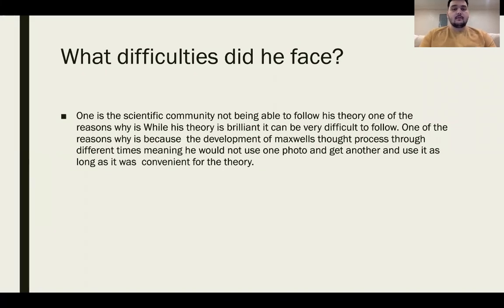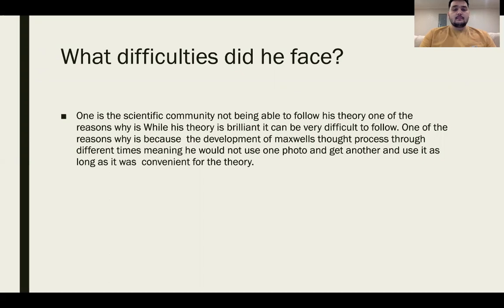Next, we're going to be talking about what difficulties did he face. Well, we saw in the last slide how confusing it could be, which is one of the difficulties that he did face, which is the scientific community not being able to follow his theories. One of the reasons is that while his theory is brilliant, it can be very difficult to follow.